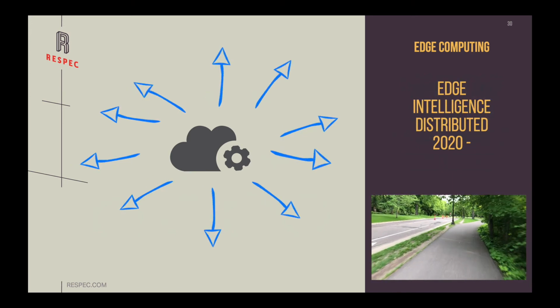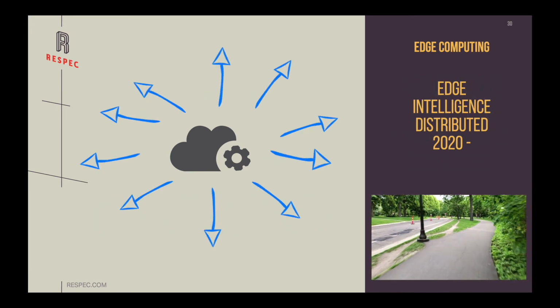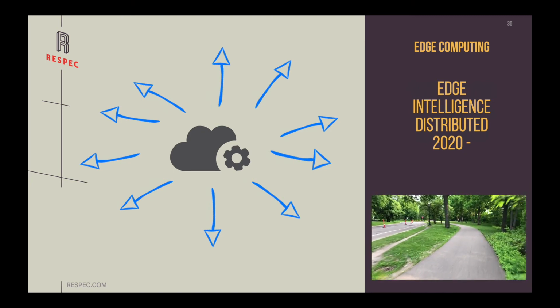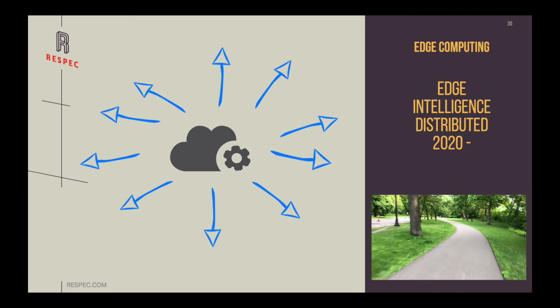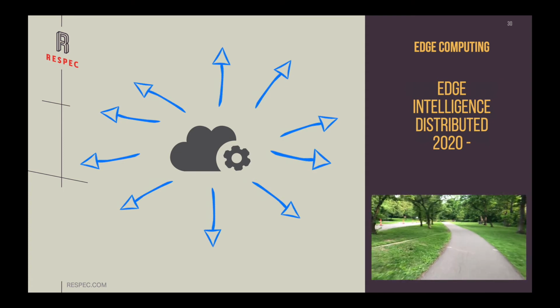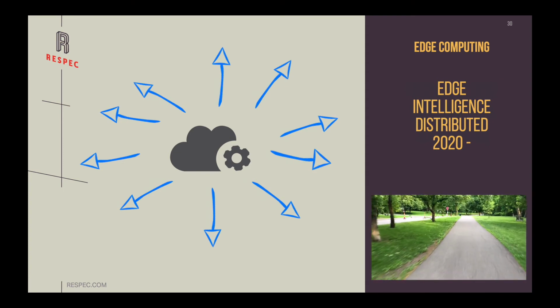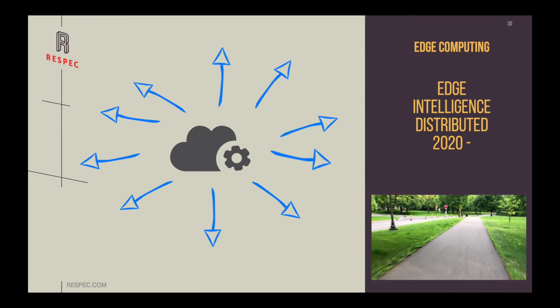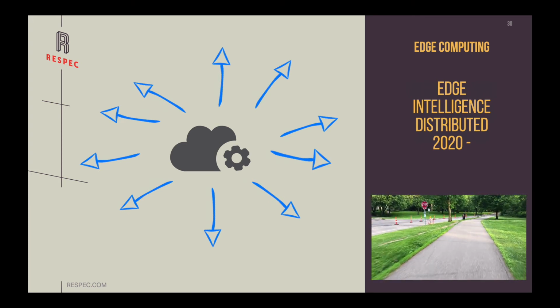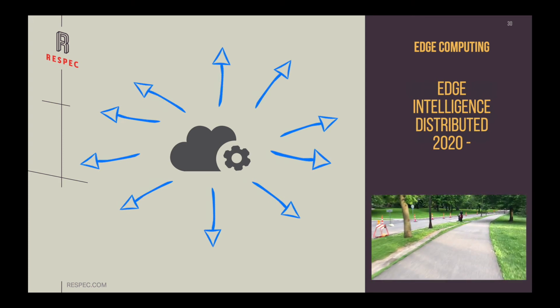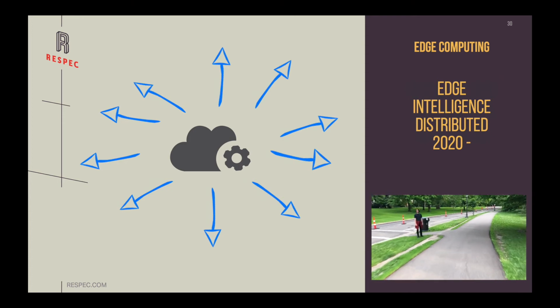In an edge intelligence distributed environment, we start pushing things back in the other direction. And so we find that the resources contained in the cloud, the compute and storage, are pushed back out closer to the devices.